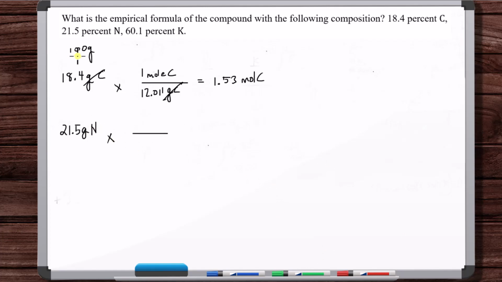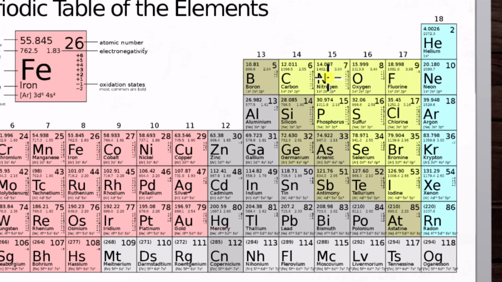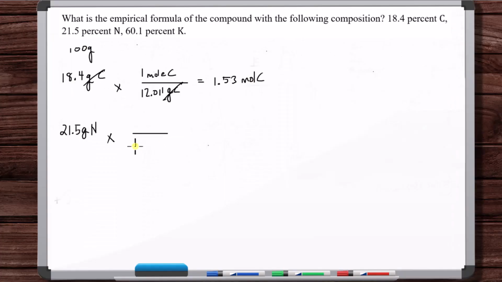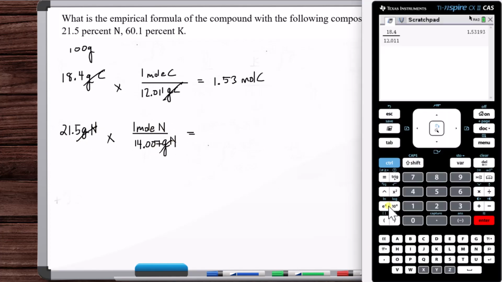In this 100 grams, we've got 21.5 grams of nitrogen. 14.007 grams per 1 mole of nitrogen. So 1.53.